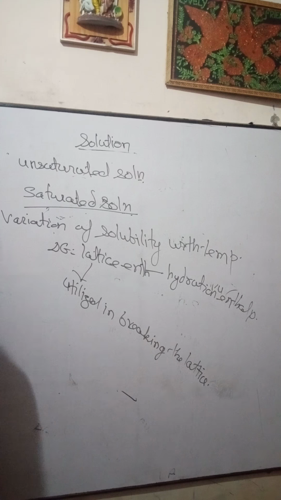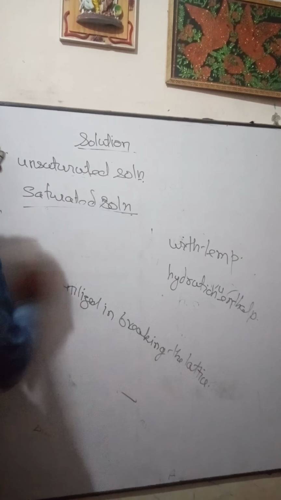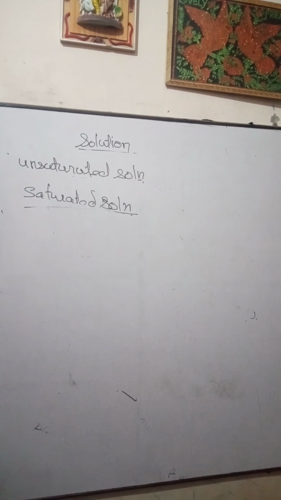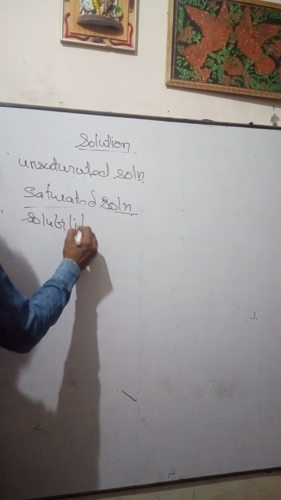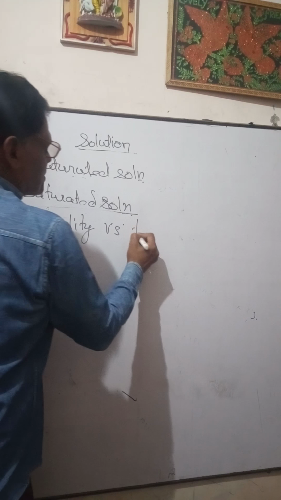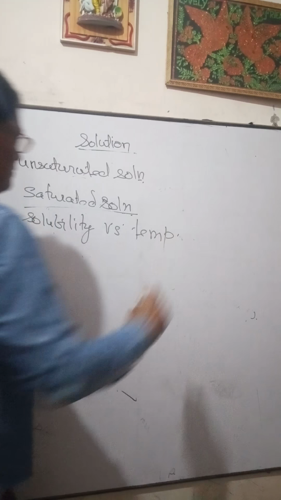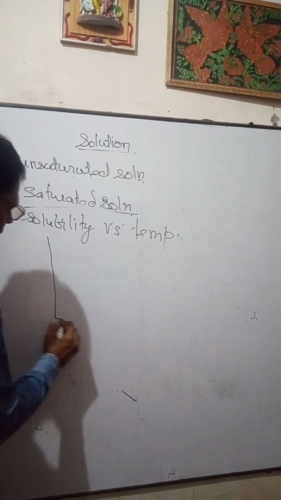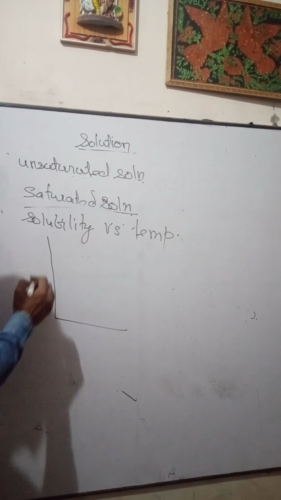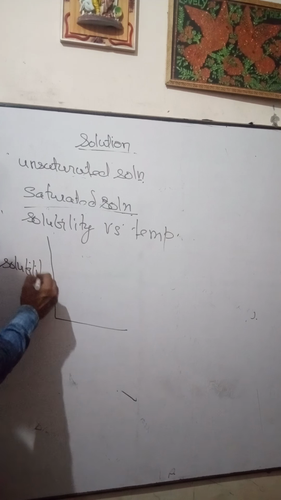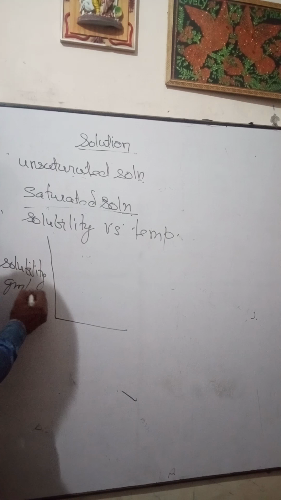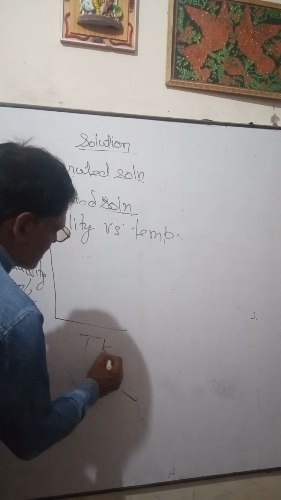But what will happen if we keep increasing the temperature? In order to study this case, we have to plot a graph between solubility versus temperature. Here we have taken solubility in gram per liter and temperature in Kelvin scale.